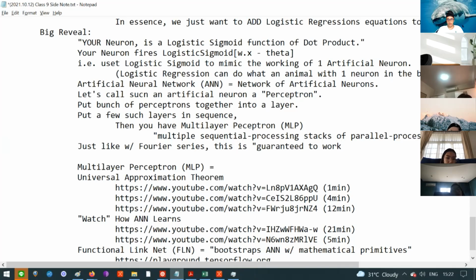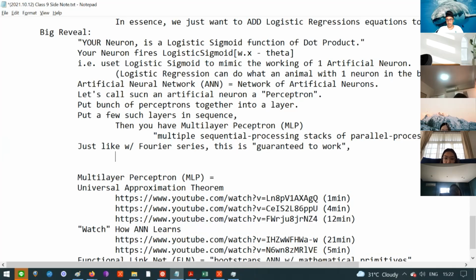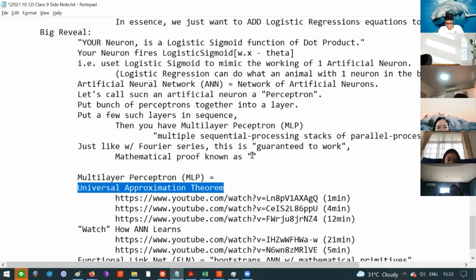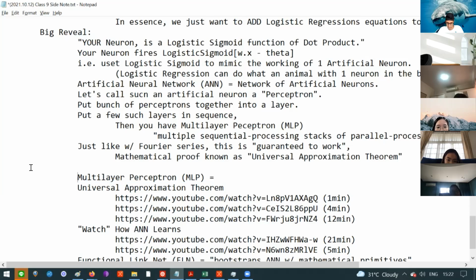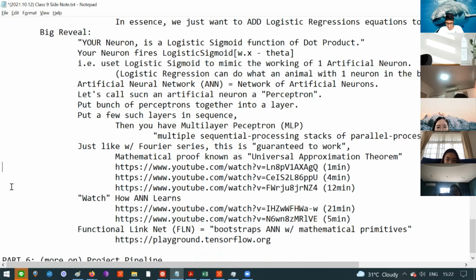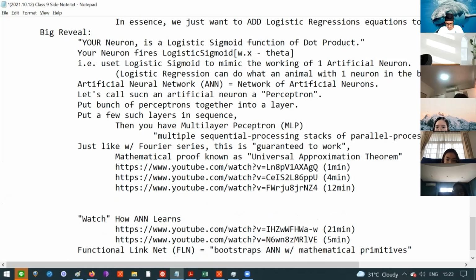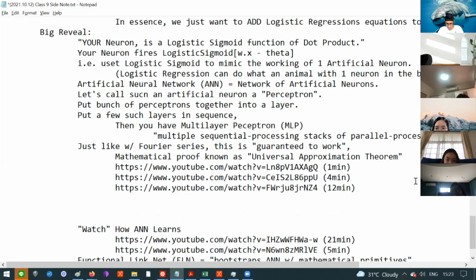And the mathematical theorem that proves it is the universal approximation theorem. So this is guaranteed to work.